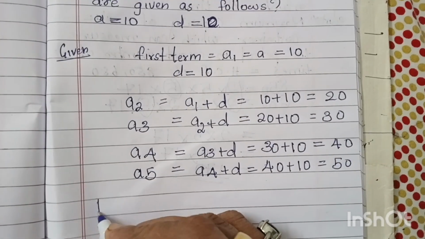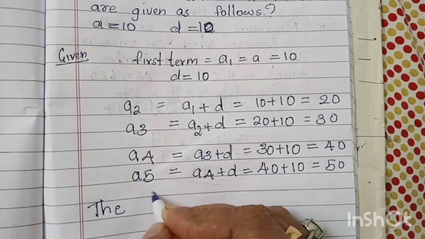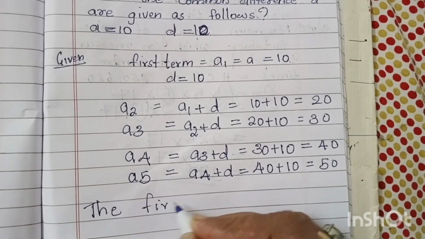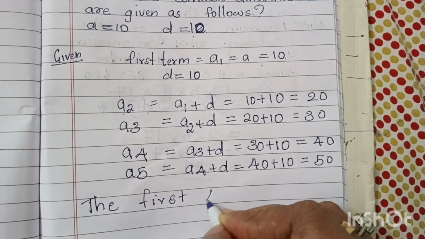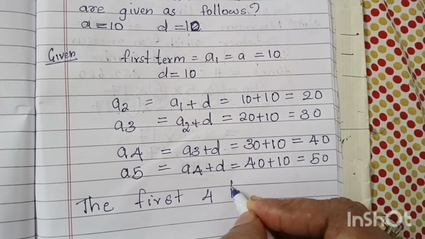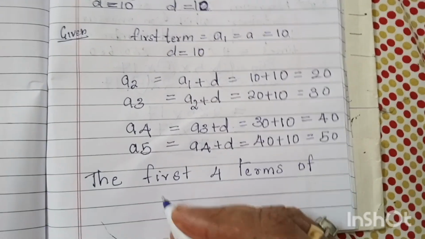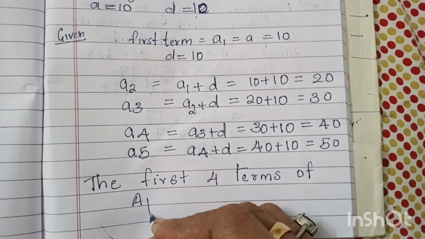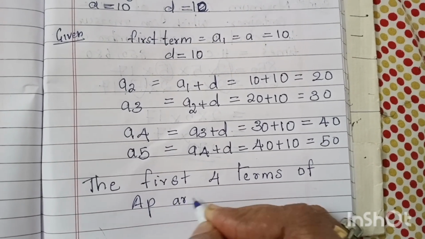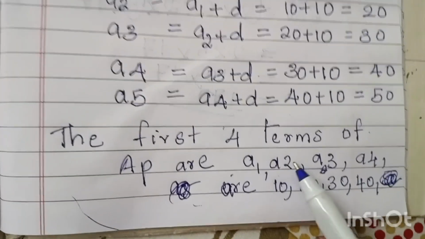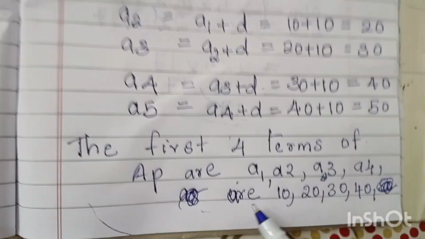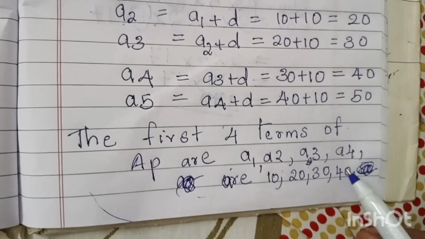So the first four terms of the AP a1, a2, a3, a4 are 10, 20, 30, 40.